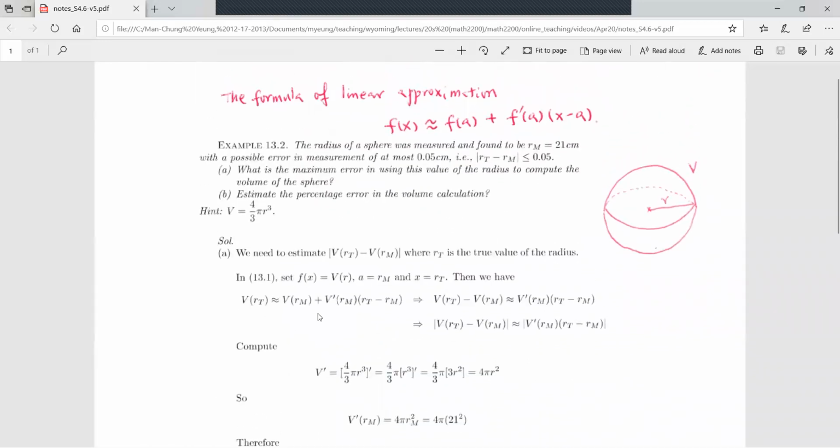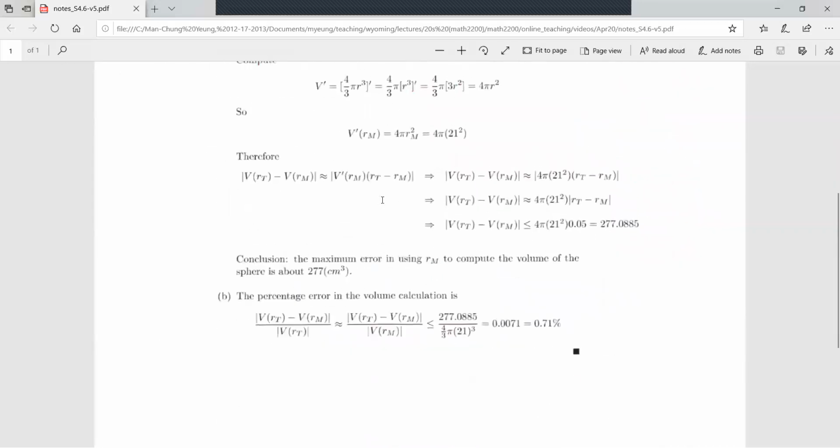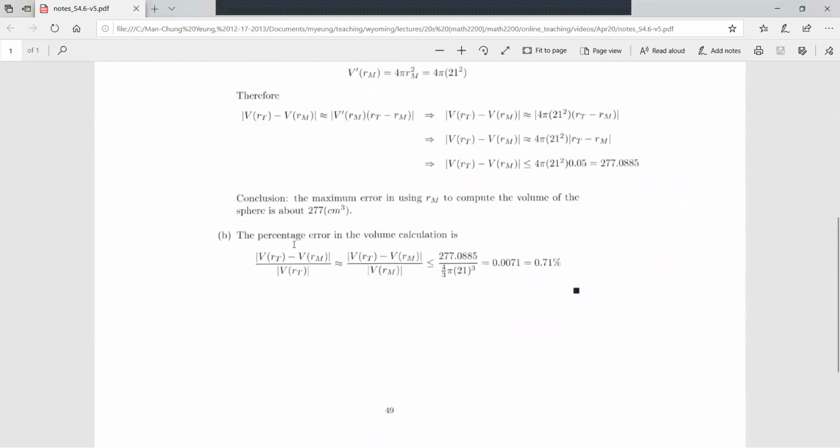Now question B. Estimate the percentage error of the computed volume from the exact volume. The formula of percentage error is exact volume minus computed volume over exact volume.